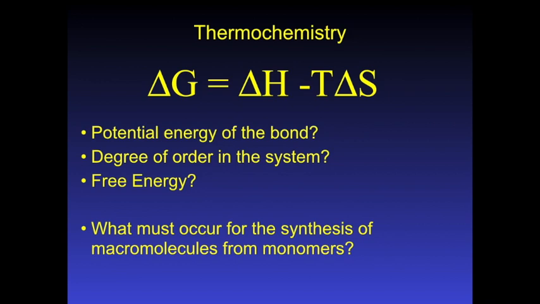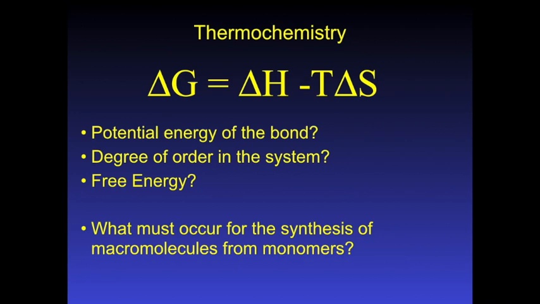So, what is enthalpy? Do you know? We've used enthalpy. We use delta G for spontaneity. Delta H is not necessarily spontaneity. Enthalpy, when we first learned it, is related to energy.